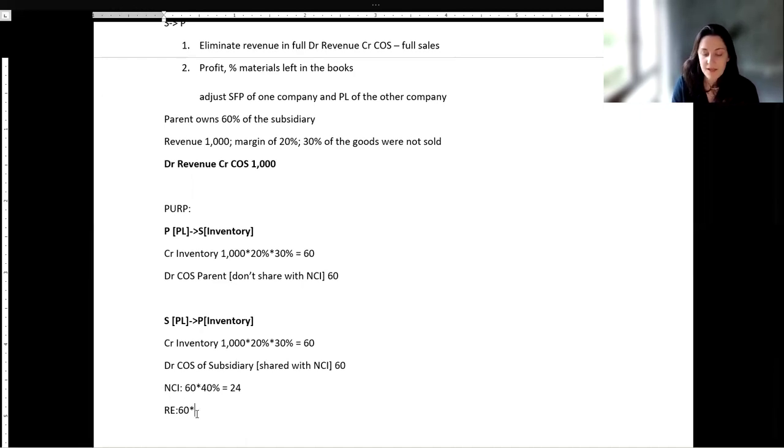So 60 multiplied by 60% of parent's holding. So this is 36. This is whatever happens in statement of financial position. In P&L, we are going to put the whole value of 60 with a minus sign in the subsidiary's column. So this means that our NCI will get the profit reduced by their own share.